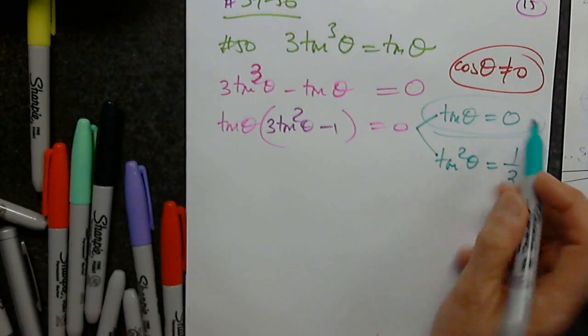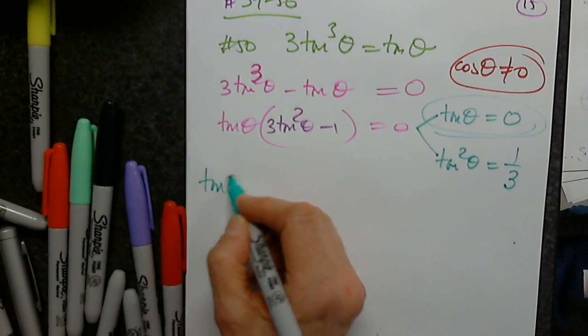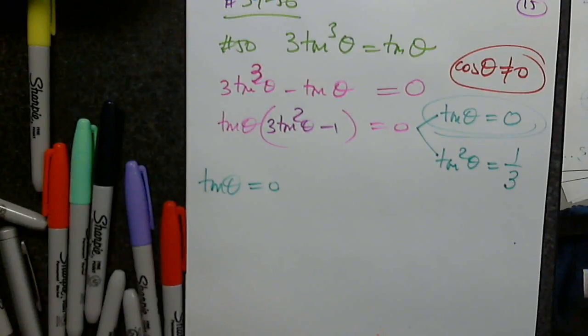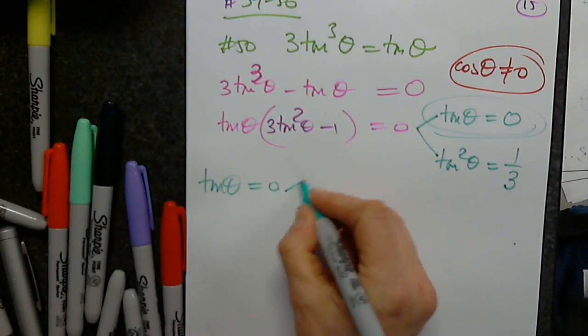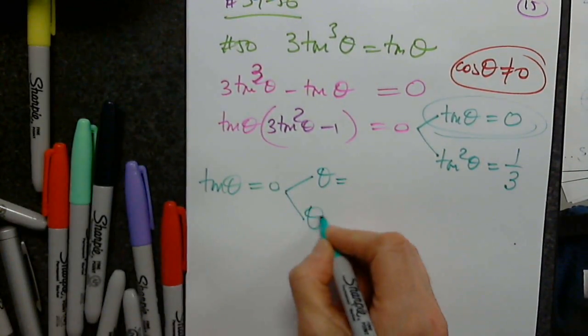So let's solve the first one for tangent theta equals 0. When is tangent 0? Tangent is a ratio, sine over cosine, so when sine is 0. Where is sine 0 on the unit circle? At pi and 0. So there is where tangent will be 0. So there are two options for theta.